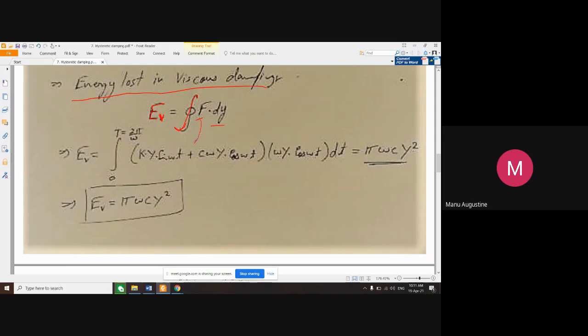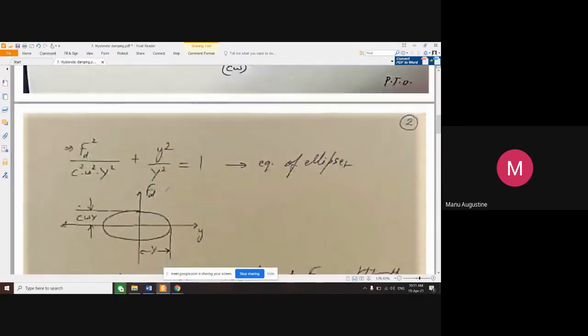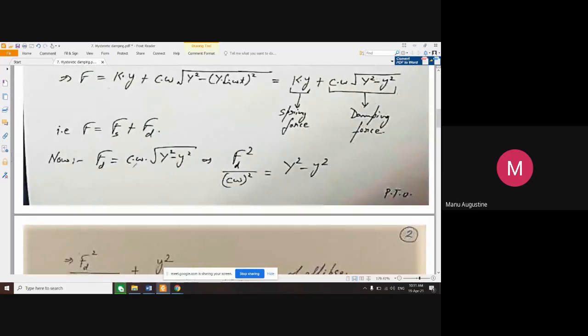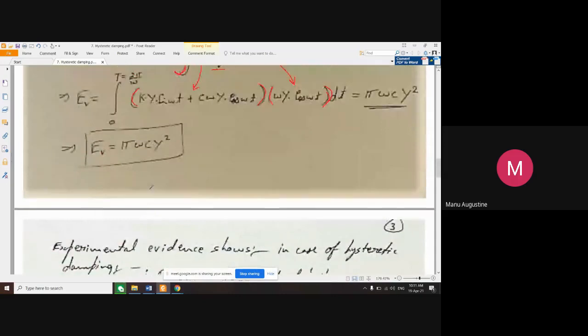F is given by this expression and dy is given by this expression. How? एक बार देख लेते हैं. याद तो रखना मुश्किल है इस टाइम पे. Capital F was FD plus Fs, right?